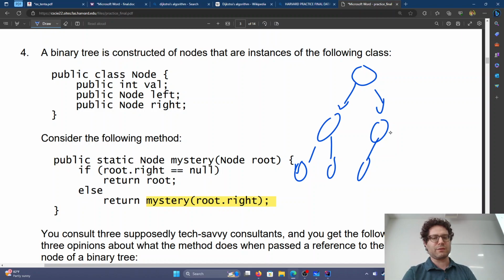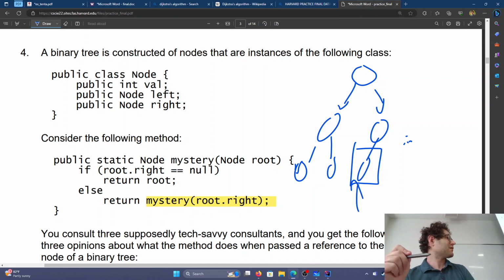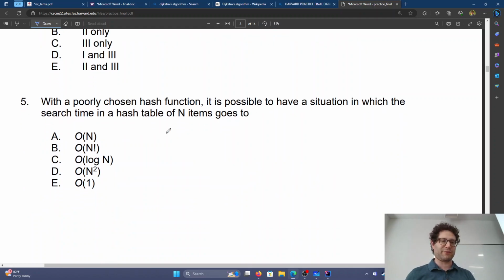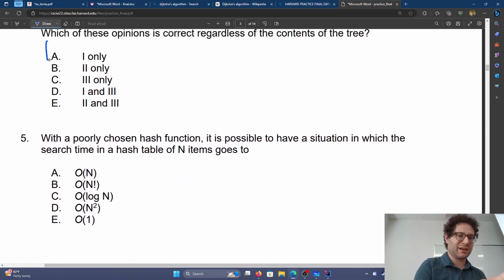This would be the biggest node in the tree and the last item in an in-order traversal, but the last item in a level order traversal would be this. And so consultant 3 would say this item gets returned, and that's less than something. It isn't the biggest node in the tree. It's not this one. So consultants 2 and 3 are both wrong. So the only answer is A.